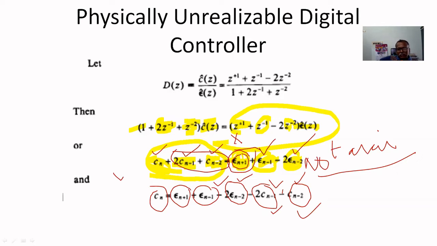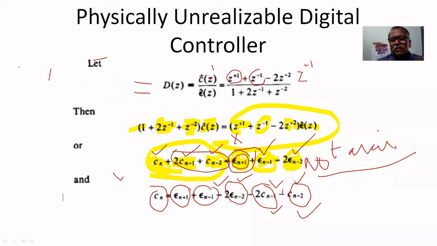Here, one may think, sir, let us multiply the numerator and denominator by z power -1. Then what will happen? This becomes 1. If I multiply the numerator and denominator by z power -1, what will you get? Z power -1 multiplied by z power +1 gives 1.